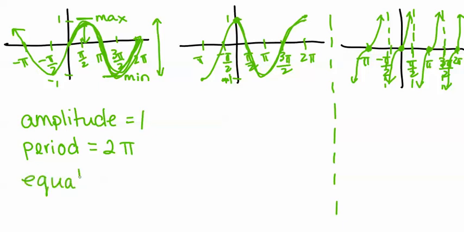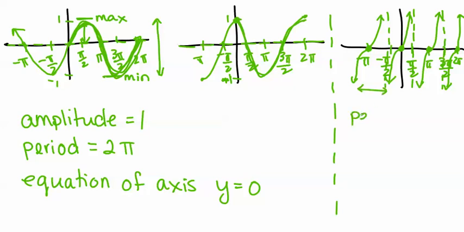And the equation of the axis is where the middle of your graph is. You can see the middle of our graph is right on the x-axis, so we call that y equals 0. I would say the period of tan is just going to be pi.